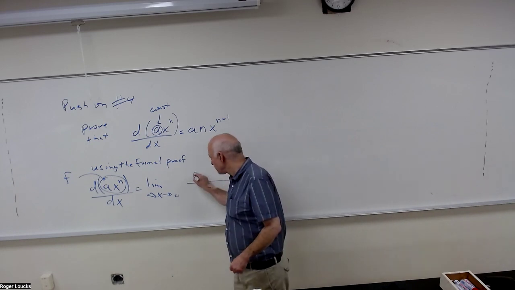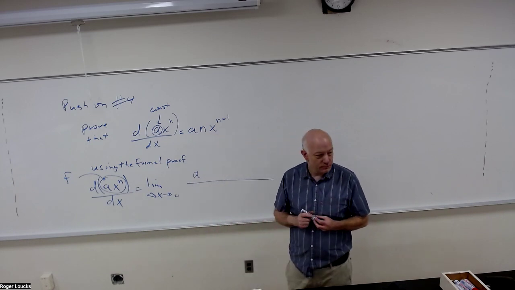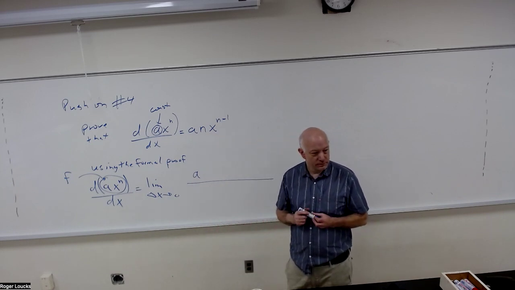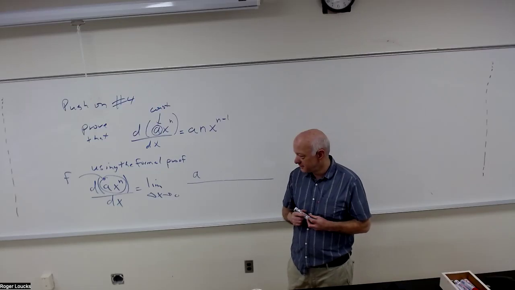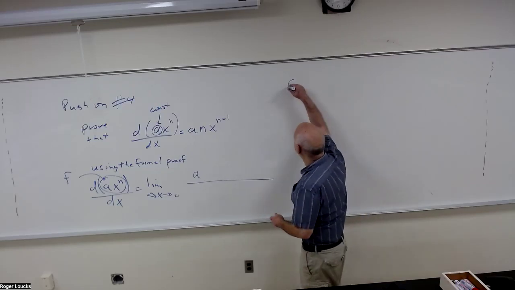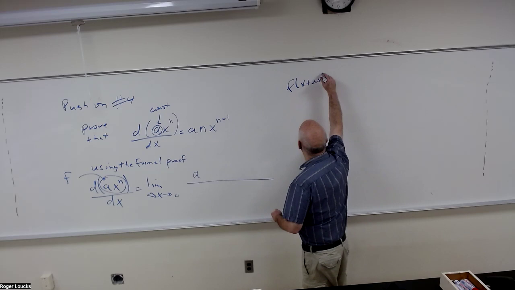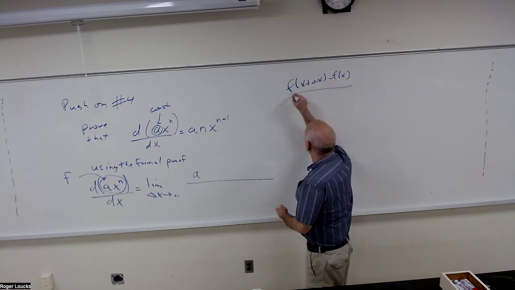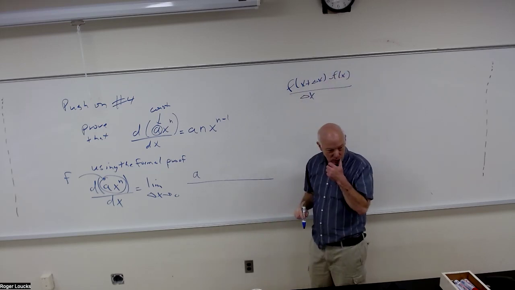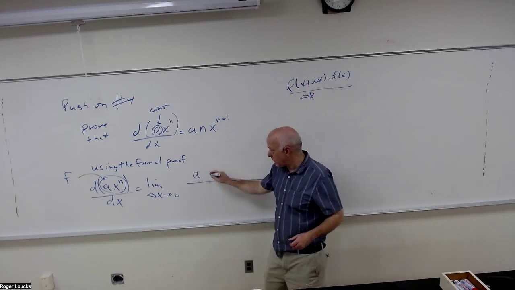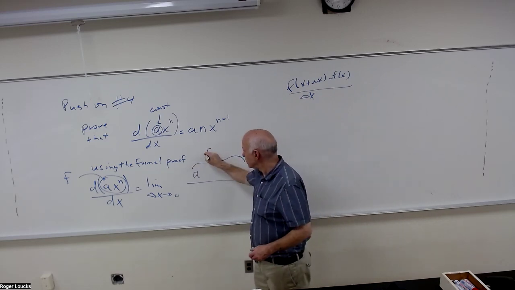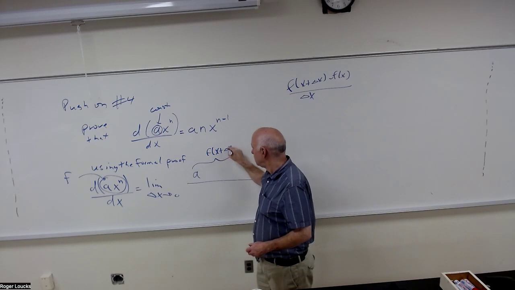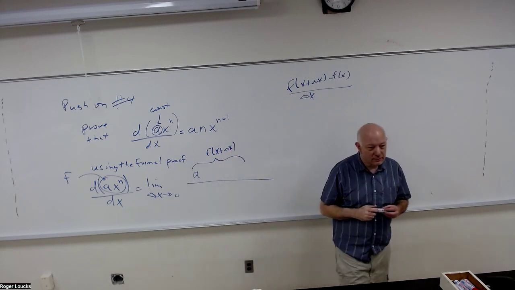The constant comes along to the right. Remember, we have f of x plus delta x minus f of x all over delta x. I want this to be my function here. What does that look like?